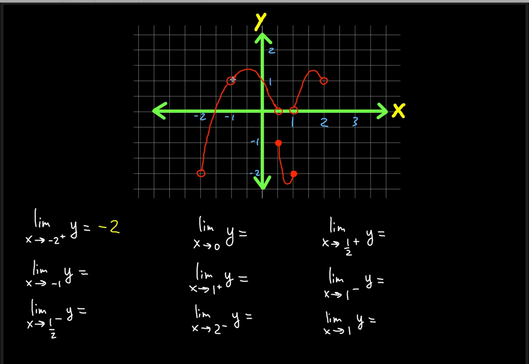So let's take a look at this. As we approach from the right along the function, we stop here because that's the target value of -1 for the x. As we approach from the left along the curve, we also stop at the same location. So it looks like the limits are both going to be the same, because they wind up at the same place from the right side and from the left side.